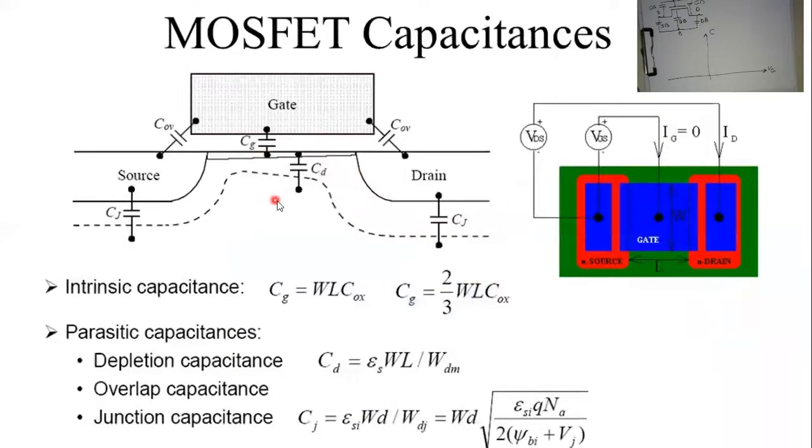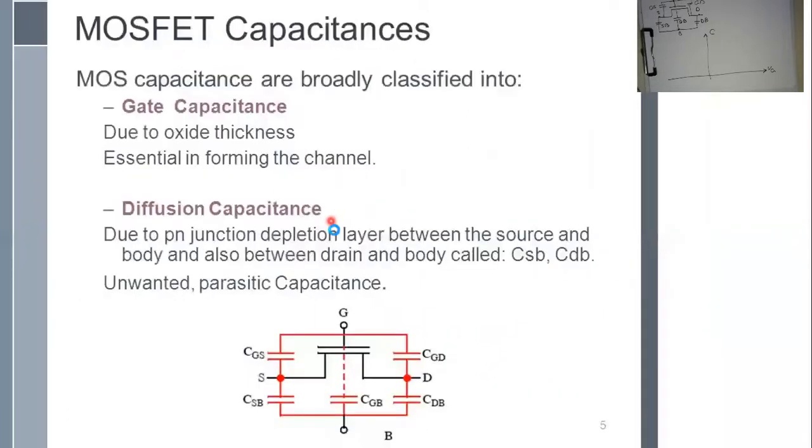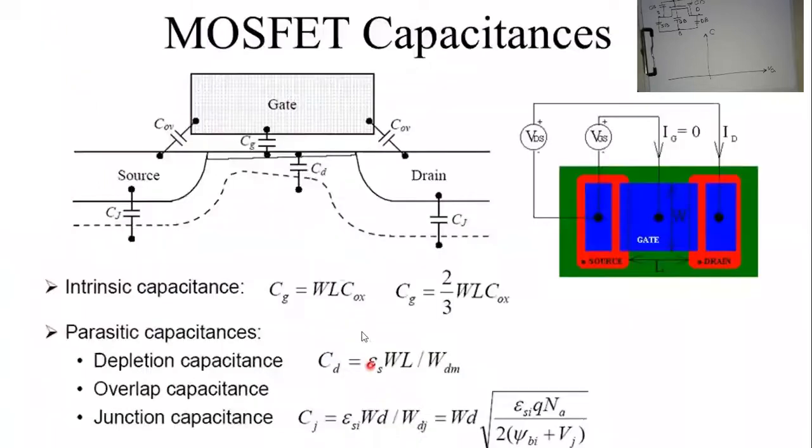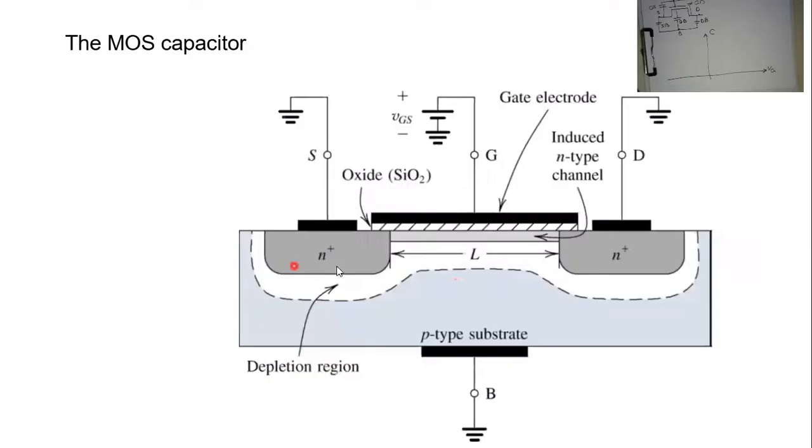Okay, what about the third one, which is the channel body capacitance, which is actually hidden. You can find it here, what we call CD, or the depletion capacitance, but you will not find it here because it's somehow embedded when we combine these two capacitors together. So this capacitance actually is very voltage dependent. Why? Because simply this capacitance, or what we call the depletion capacitance, occurs if and only if we have a voltage greater than V threshold.